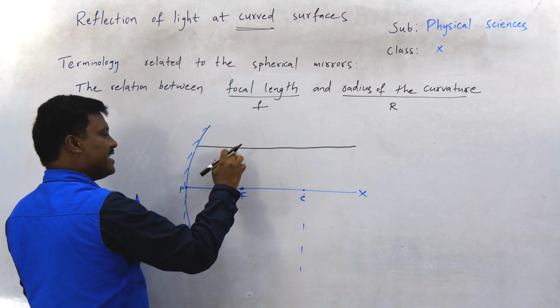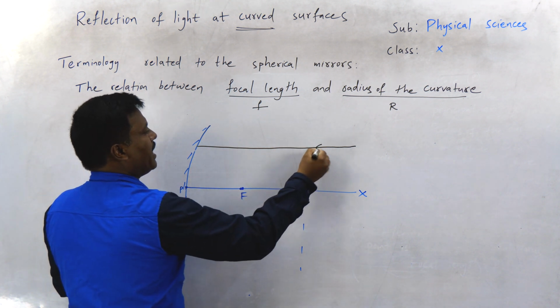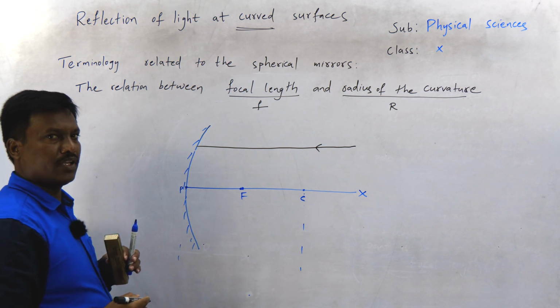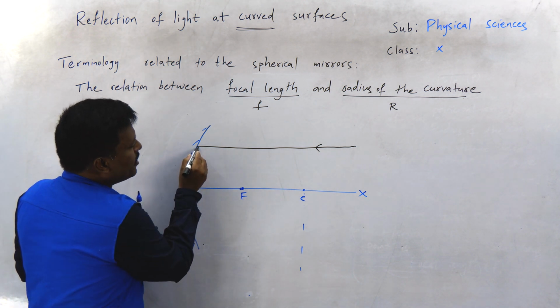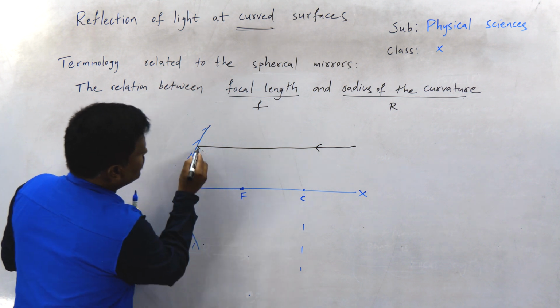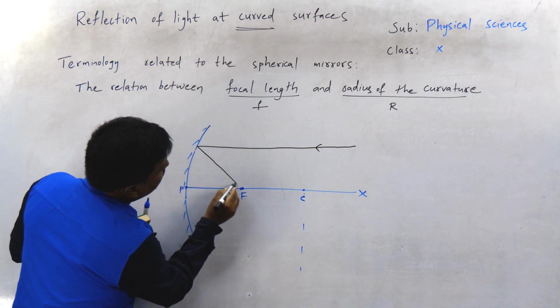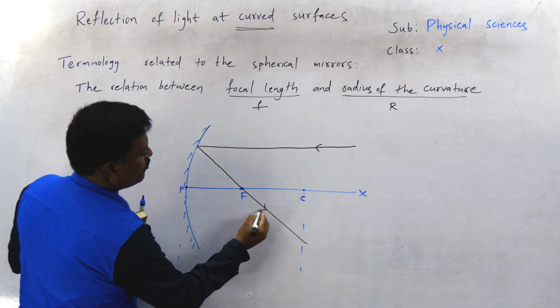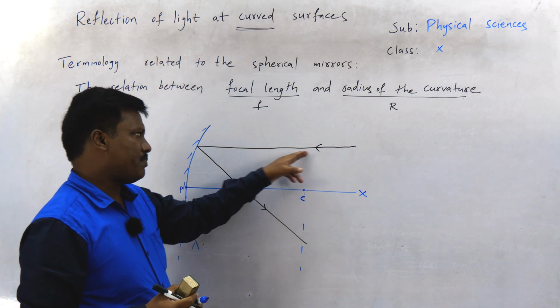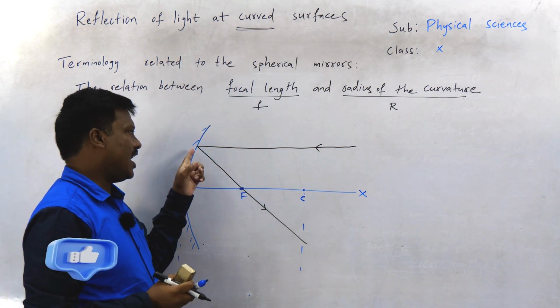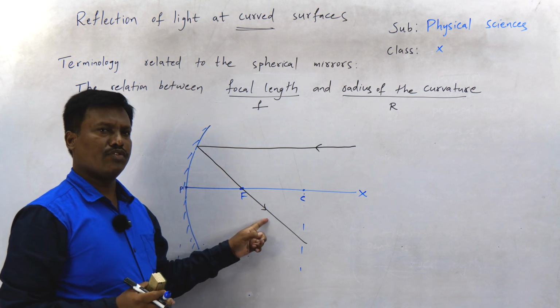So since this ray is parallel, a parallel ray is incident on this. After reflection what happened? After reflection the ray passes through focus. A ray passing parallel to the principal axis, after reflection passes through focus.